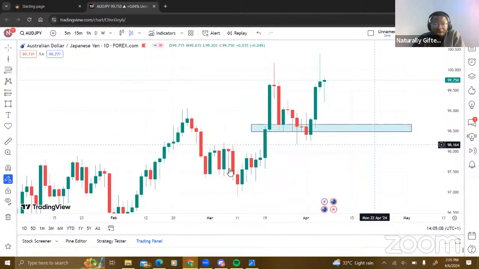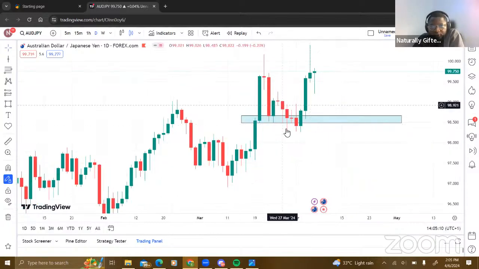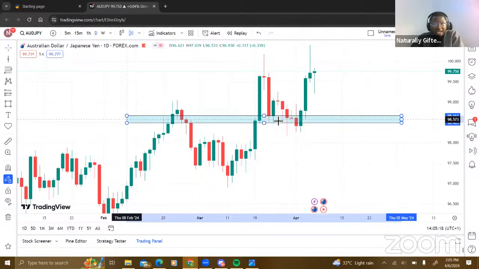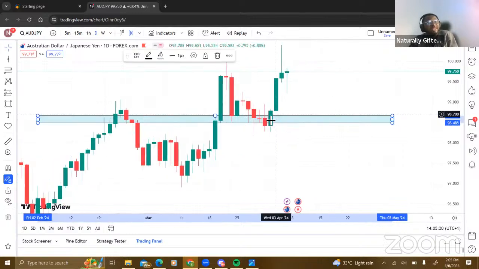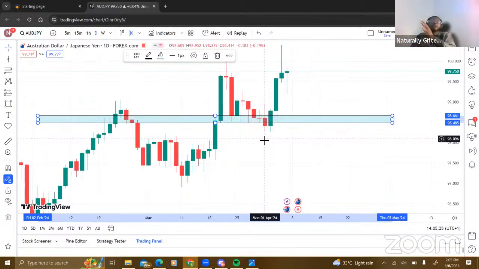And guess what happened? This week, when price came in down here, March 28, 2024, and closed above, you would have observed that there's a tendency this might likely go up because in price action, when you have a break, you're waiting for a retest for price to continue. This is the way price action is.